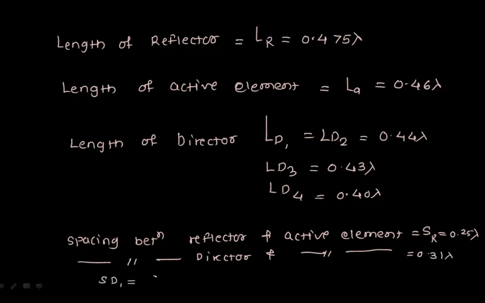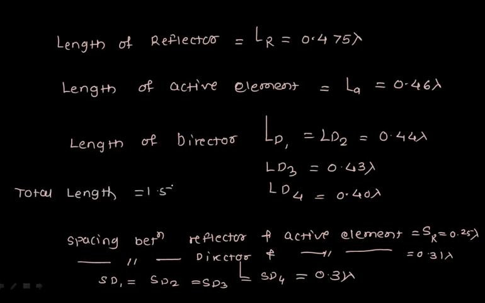So SD1 is equal to SD2 is equal to SD3 is equal to SD4 is equal to 0.31 lambda. So this is all about how you can design the Yagi-Uda antenna. Now what will be the overall length of antenna? If I consider all these lengths, the total length of the Yagi antenna will become 1.5 lambda. So this is the kind of structure you get whenever you design your antenna.